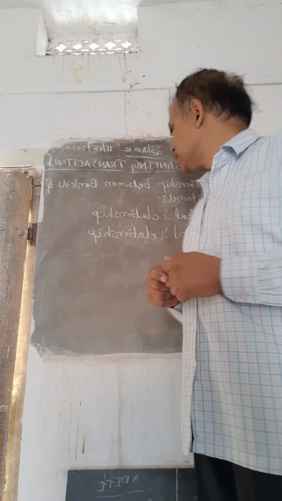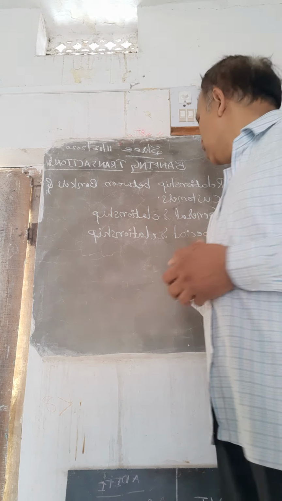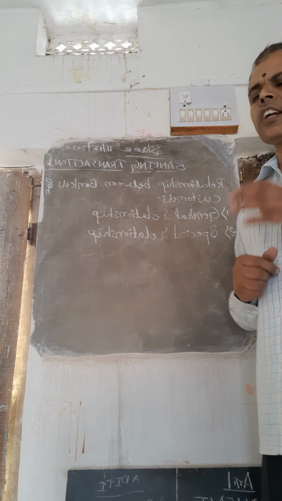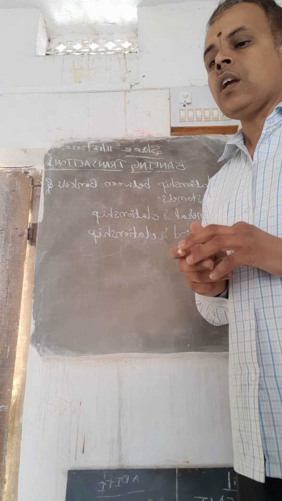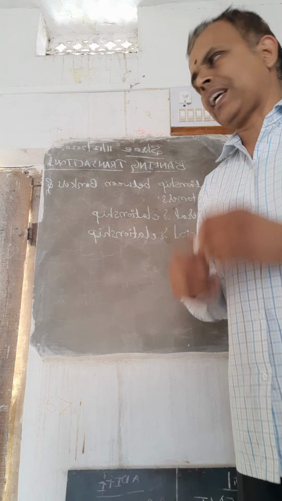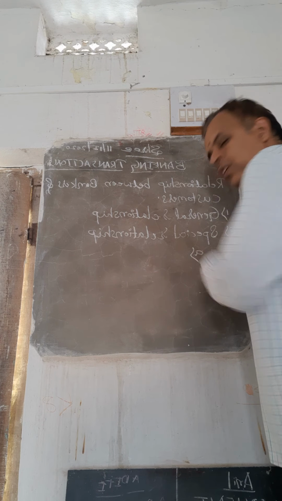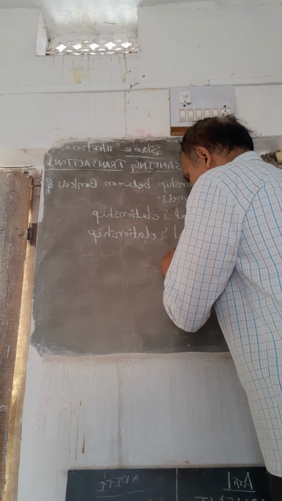The first is the general relationship, and the second is the special relationship. In the general relationship, we first discuss the primary relationship.